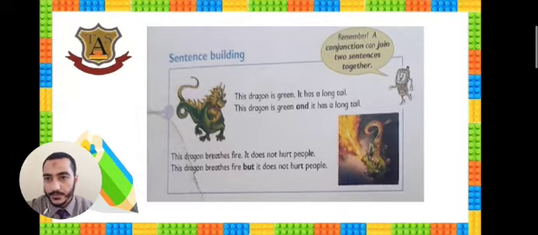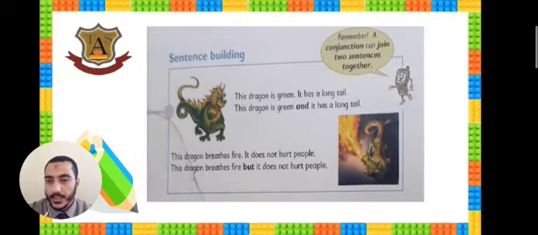See the next one. This dragon breathes fire. It does not hurt people.